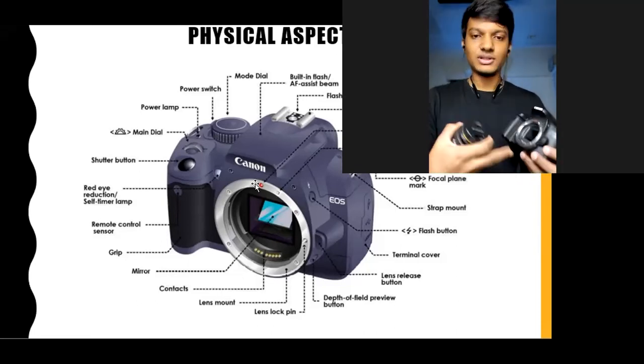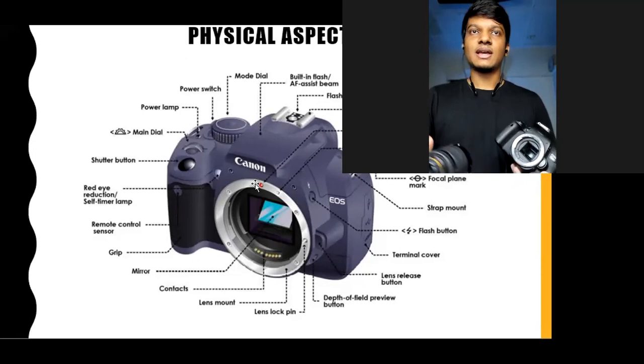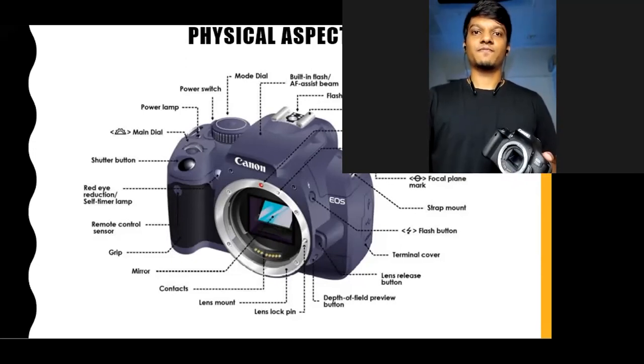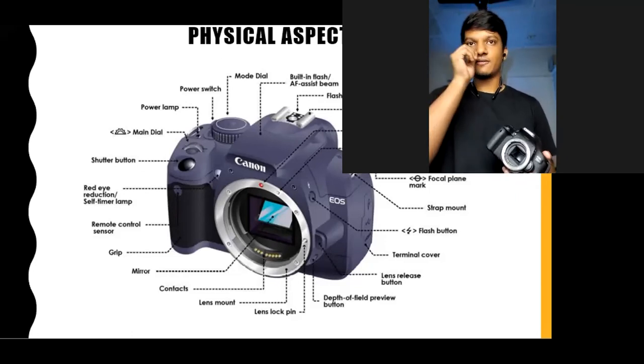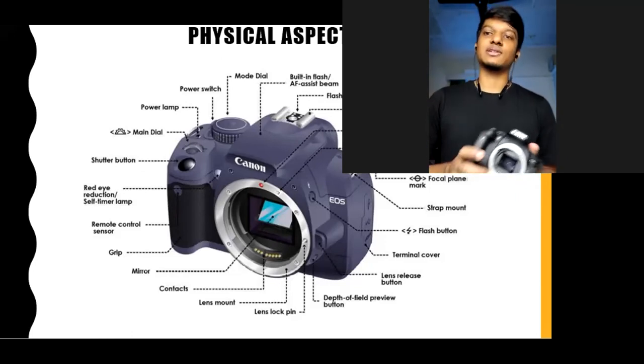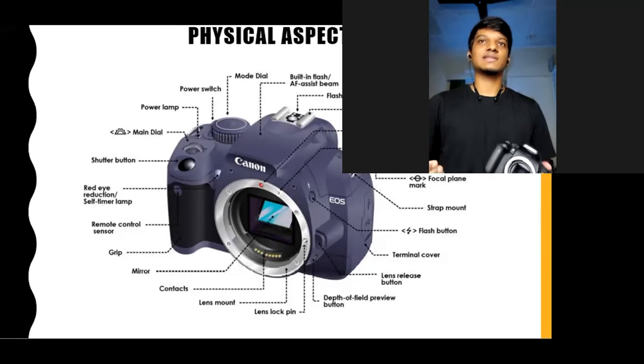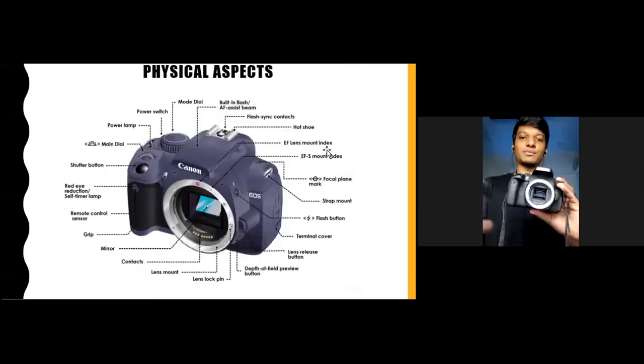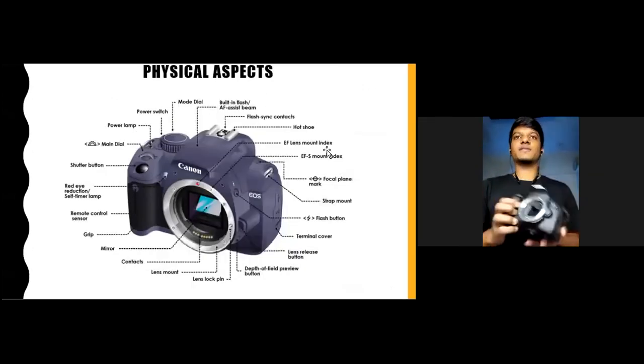So this mount is different from company to company. For Canon, it is called the EF mount, or they also have other mounts within the company called the EFS. And recently they've come out with an RF. We can study the mounts later, but that is in simplicity what this mount is. It is so that you can attach the lens to the camera, and it differs from company to company.